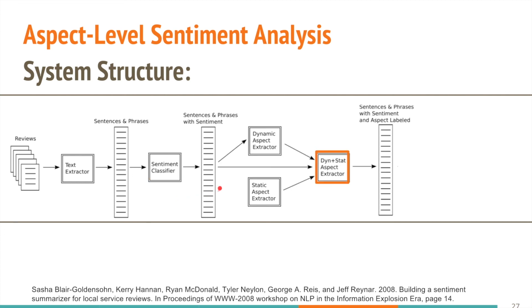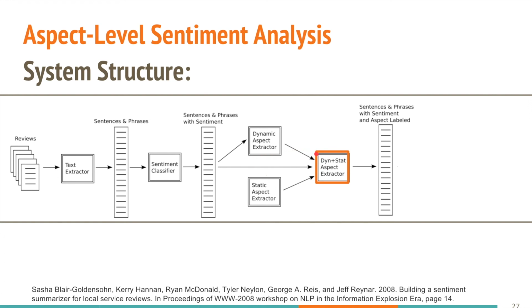Then we feed this into an aspect extractor. Here is the dynamic one and here is the static one. The difference is that for the static one, we need to input several aspects that we think are common in this specific domain, so it's domain specific and it improves the accuracy.